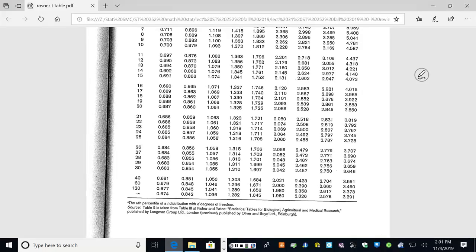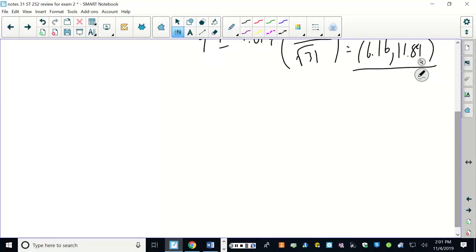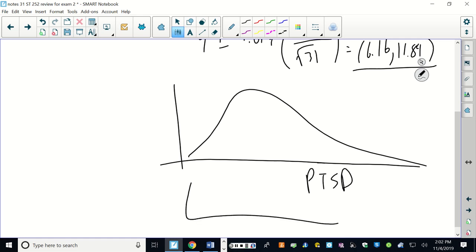And if this is strongly skewed to the right, do we have any concerns? The data isn't normal enough for the central limit theorem. So if the original data for the PTSD score was something kind of like this with a skew, or if there's really kind of a smaller group and then a few that are really extreme, unfortunately, then once we take averages of just 31, the sampling distribution might still have a little bit of skew on it.